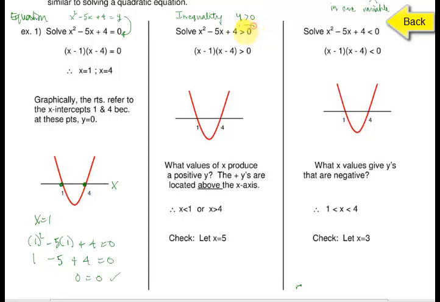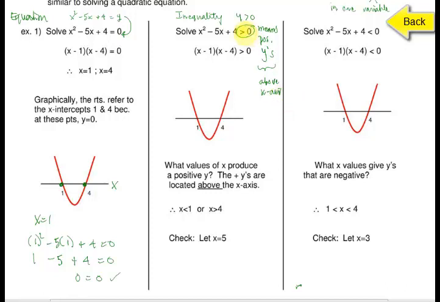And so that's what this means: positive y's. And so it also means that if we want y's that are positive, we know that that is above the x-axis. So we're looking for values for y which are above the x-axis.